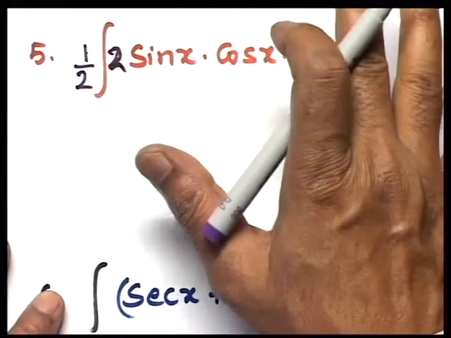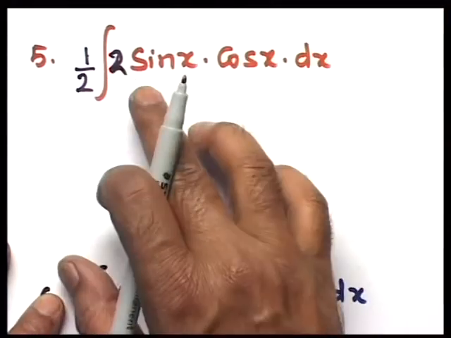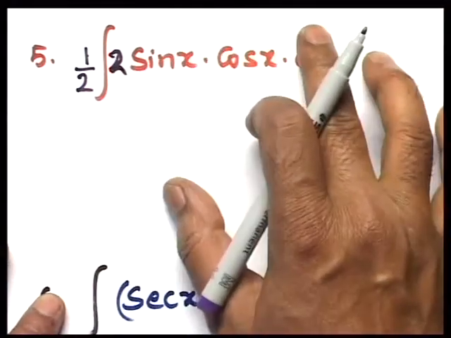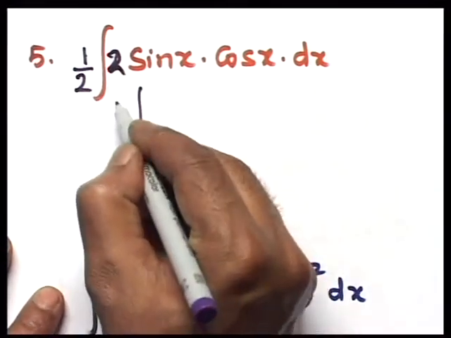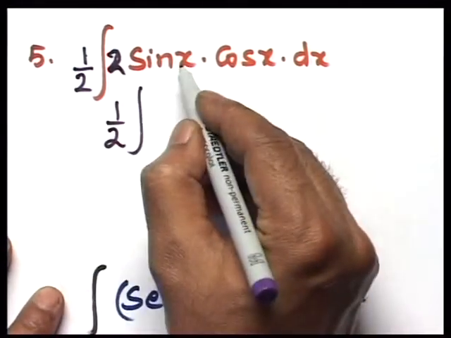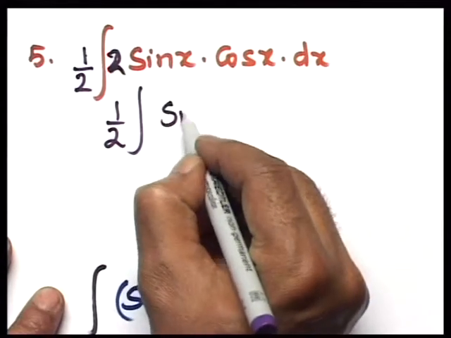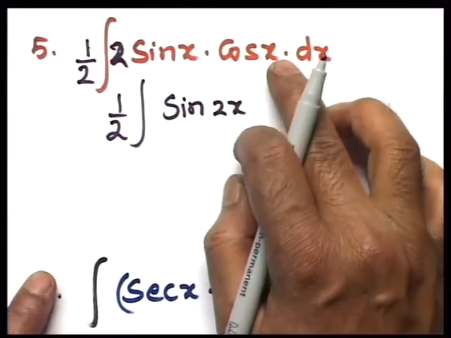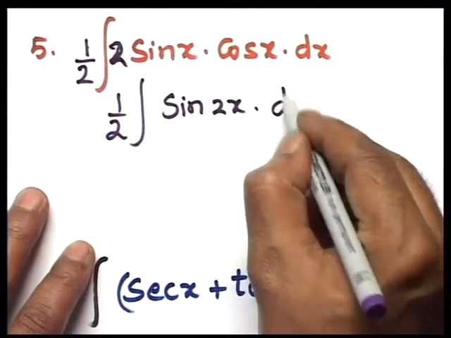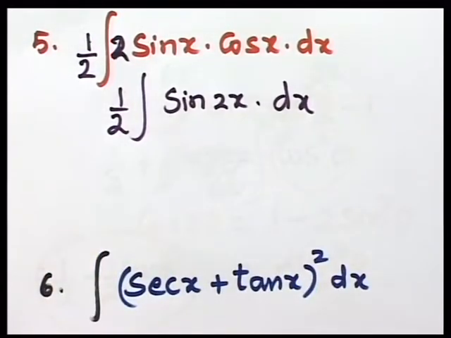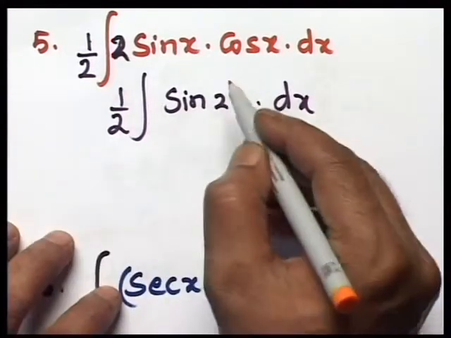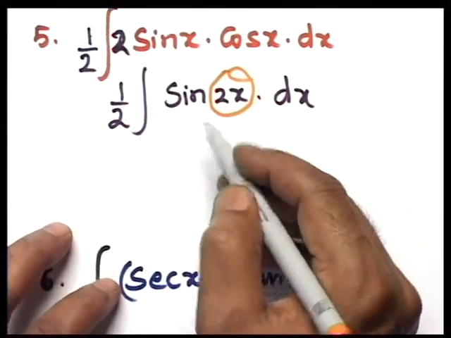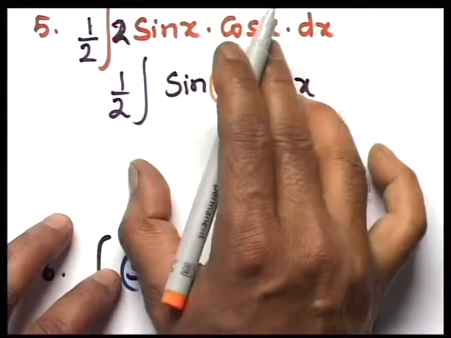There must not be any change in the original question. Do whatever you like, mathematically, the structure must not change. So now that becomes half. 2 sin x cos x is sin 2x. That's a C3 trig rule, right? And then dx. Now we can just call this theta, and that's a standard function. We can integrate that.